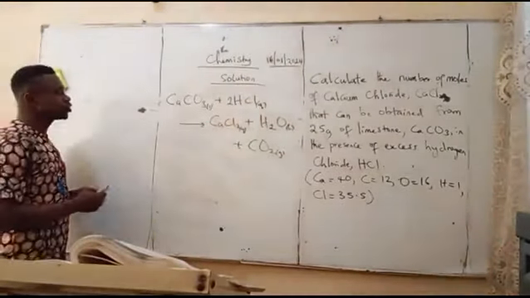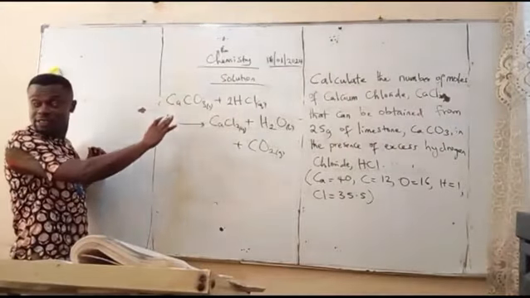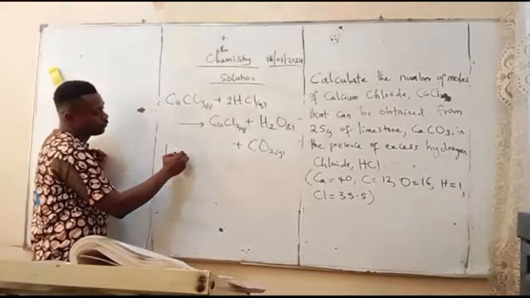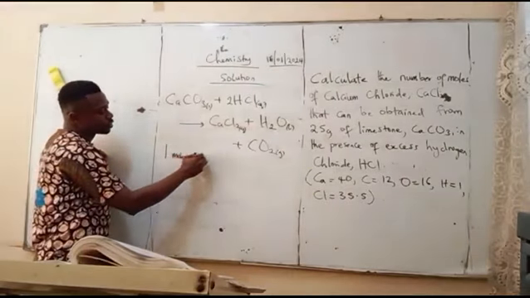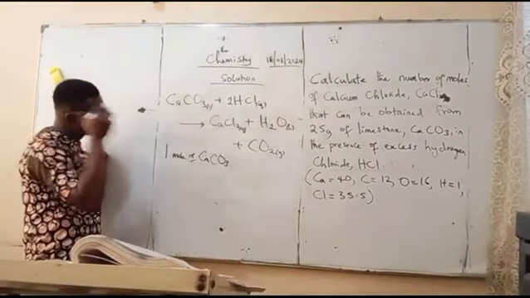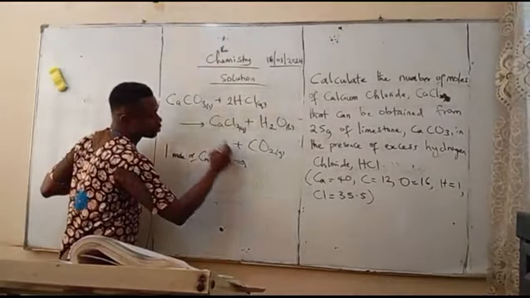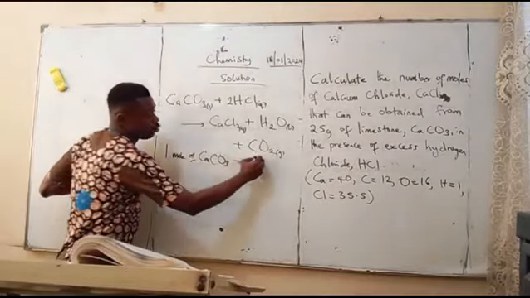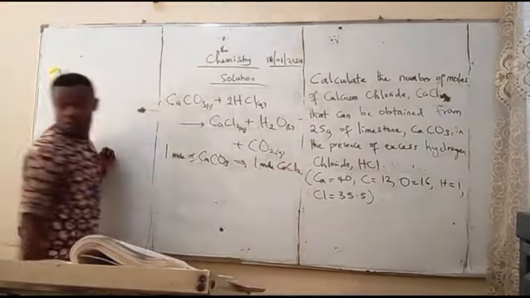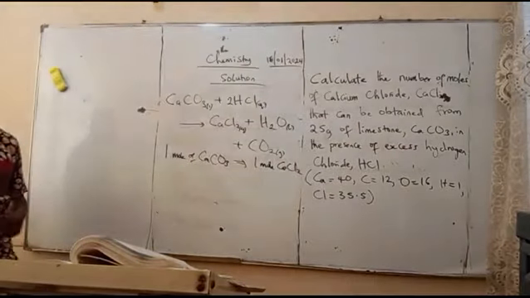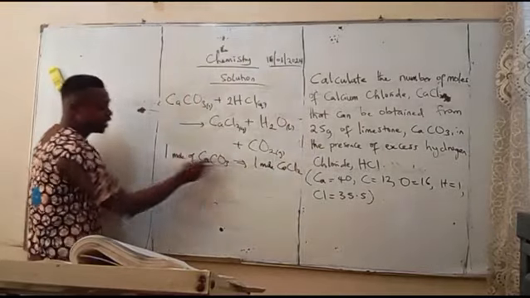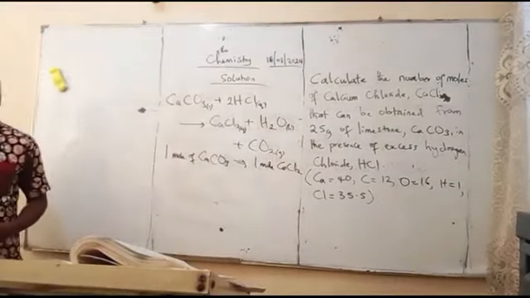So actually, from this equation of the reaction, 1 mole of calcium carbonate, which is limestone, yields 1 mole of calcium chloride.